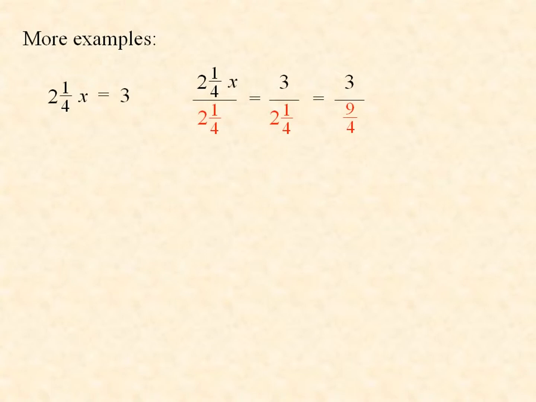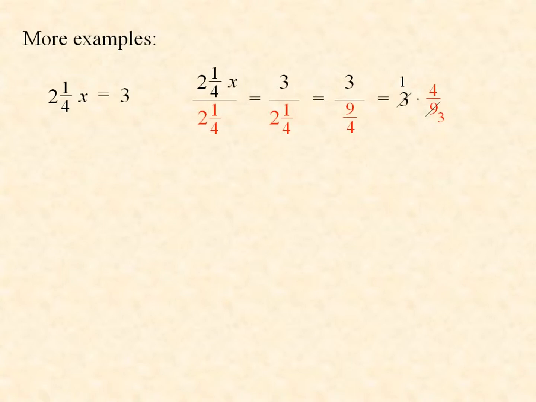Here's another example. 2 1/4 x equals 3. We could divide both sides by 2 1/4, and that gives us 3 divided by 9/4. We write 2 1/4 as an improper fraction, and then we multiply by the reciprocal of 9/4. Now the 3 cancels into the 9, goes into 9 3 times, so we can simplify that before we multiply.